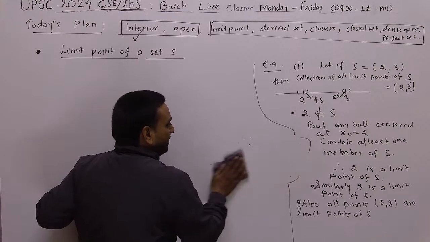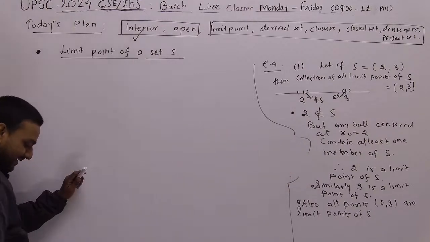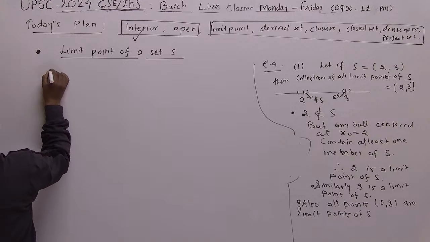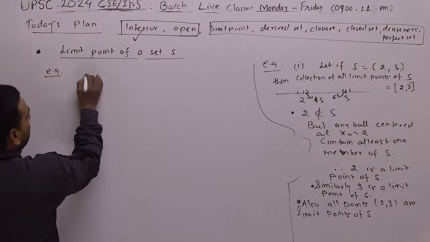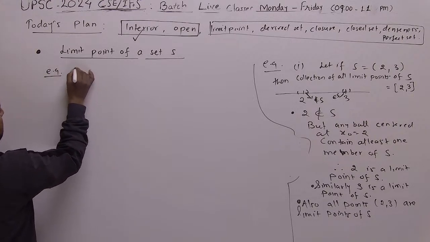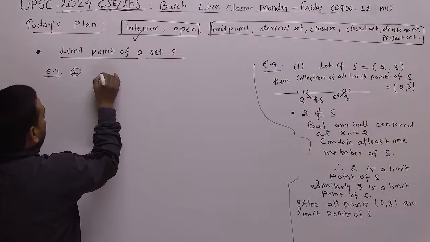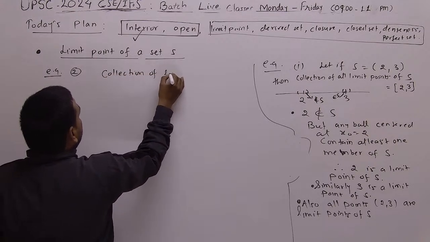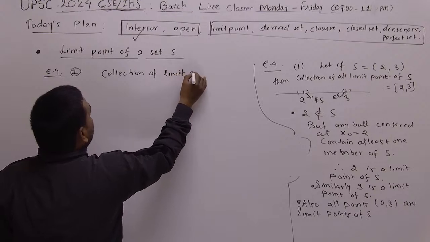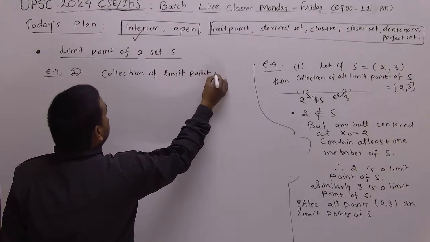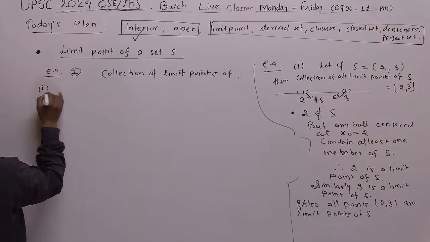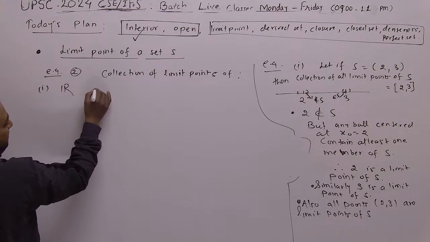सो अभी कुछ झूठ मूठ का तमाशा किया जाए. हाँ. फॉर एग्जाम्पल 2, collection of limit points of the set of real numbers.